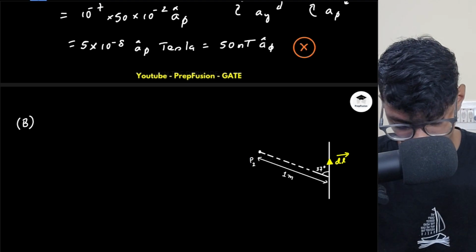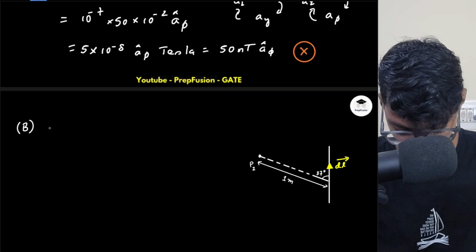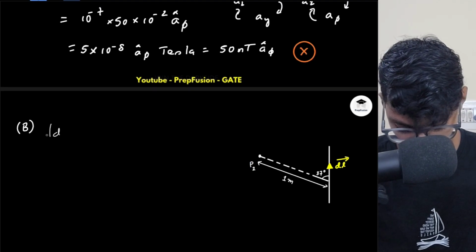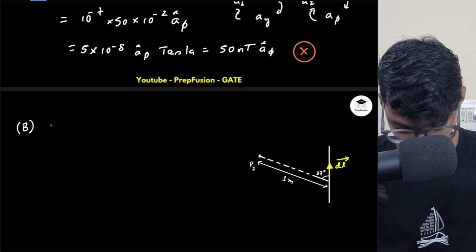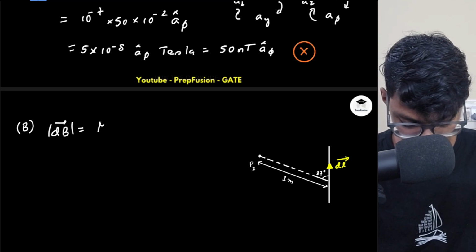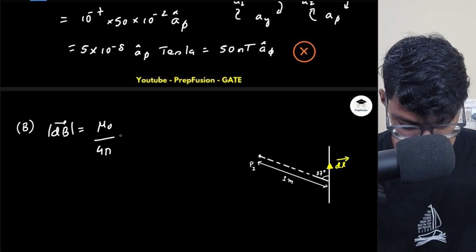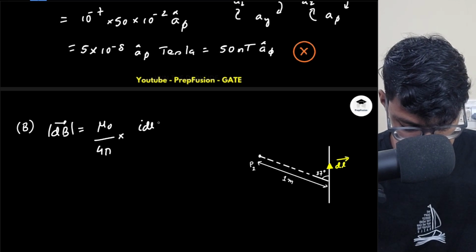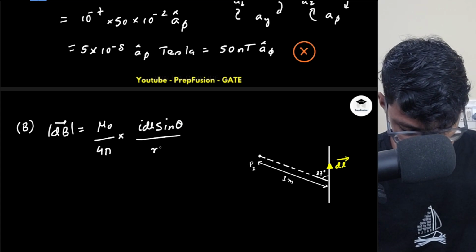So first of all, I will compute the magnitude of the magnetic field. The magnitude dB will be mu naught by 4 pi into I dl sin theta by r square.